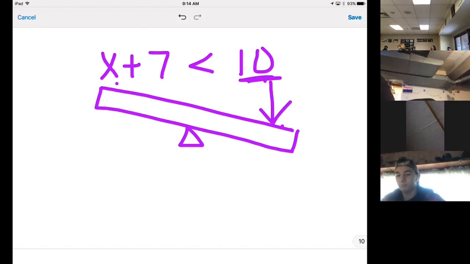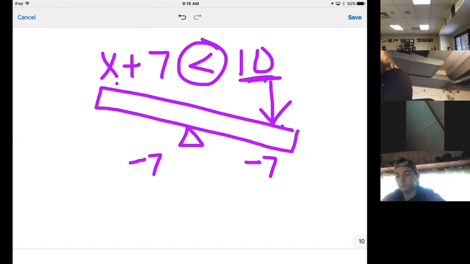What if I subtract 7 from both sides? What happens? Does anything change? It maintains that inequality, right? So just like an equation, if we do the same thing to both sides, it doesn't change the value of the inequality.